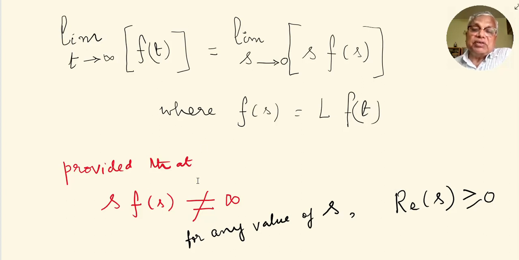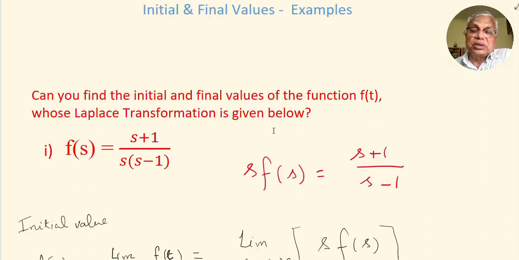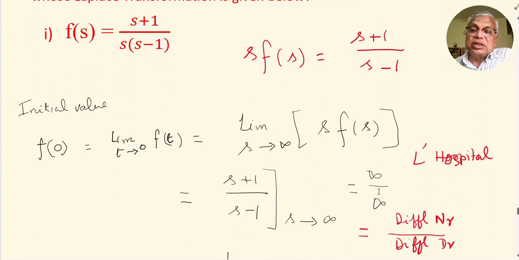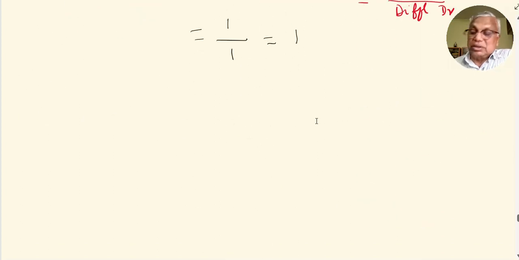So let us see our function. This function s into F of s is this. So this function becomes infinity if s equal to 1. You will note here, if s equal to 1, s into F of s becomes equal to infinity.